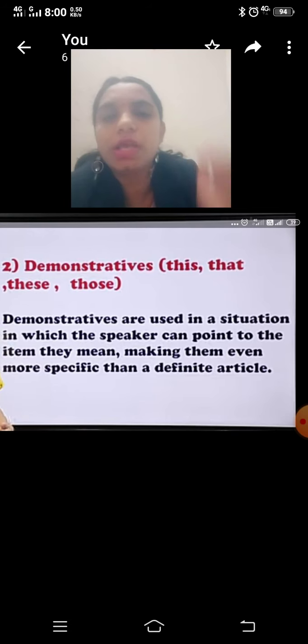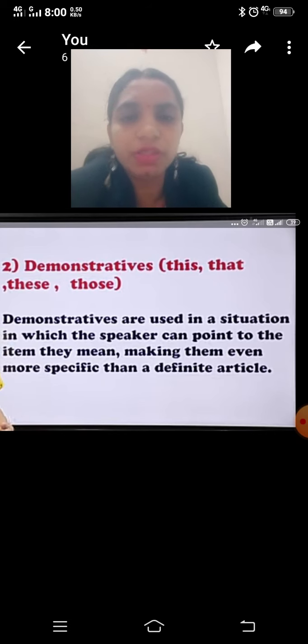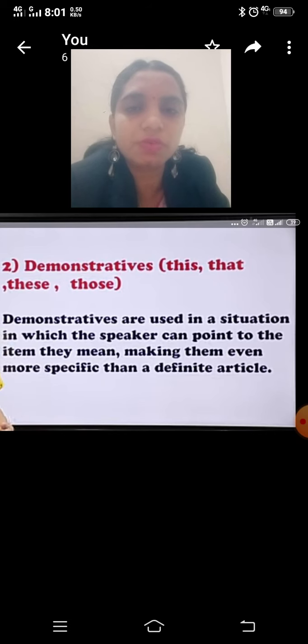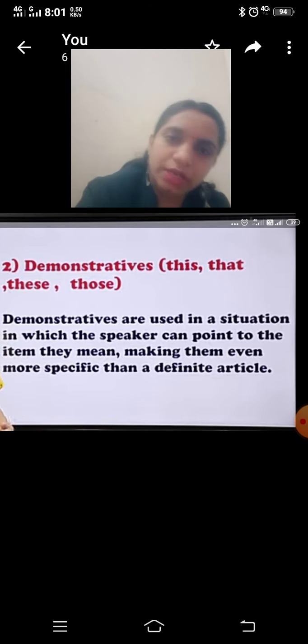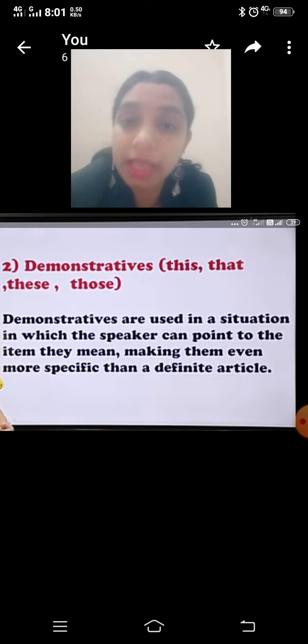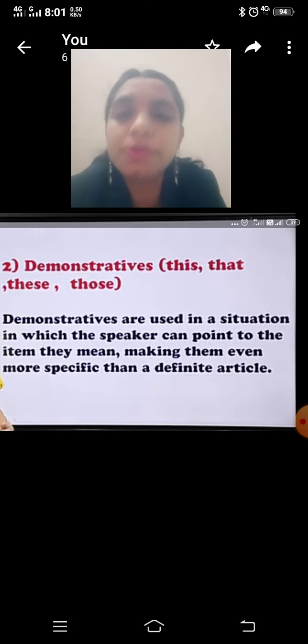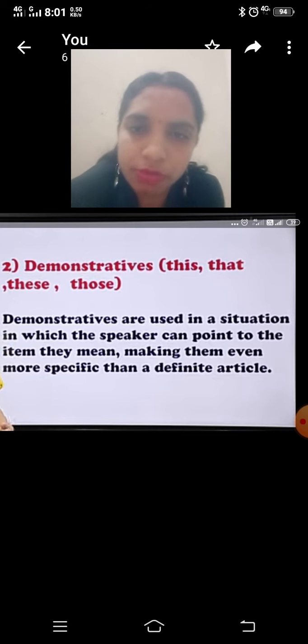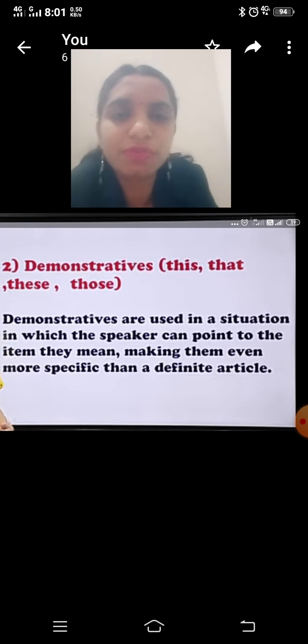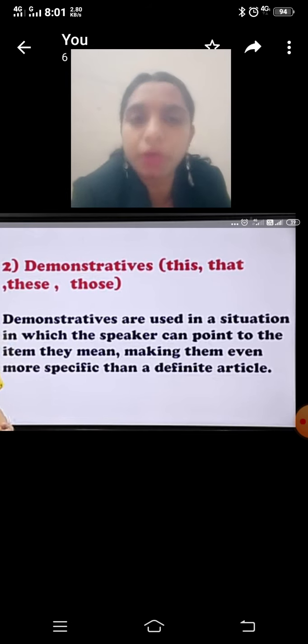Then demonstratives: this, that, these, those. What is meant by demonstrative? You know these words, you are always using them, but you don't know they are called demonstratives. Demonstration means to show something, to point out something.